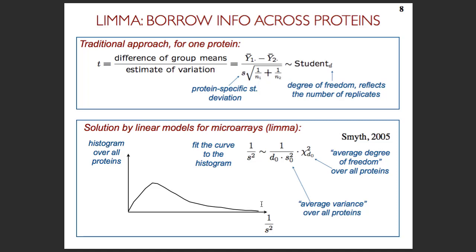And what they actually do, they fit essentially a scaled version of the chi-square distribution to this histogram of 1 over s squared. And this fit of the histogram has two parameters, which they can vary to obtain a good fit. So one parameter is the average or consensus variance over proteins. So you can think of this as essentially the expected value of this distribution. And the other is the average degree of freedom.